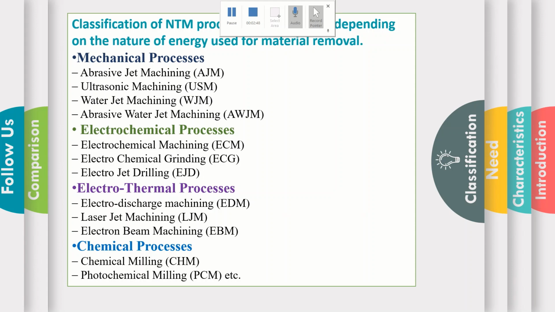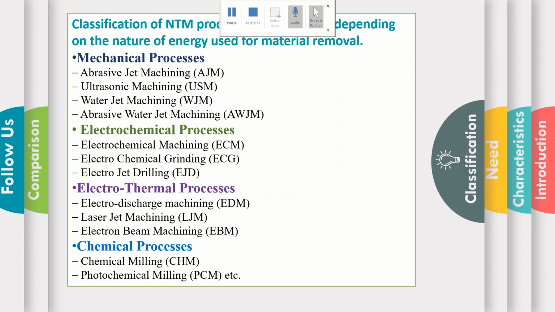Depending upon chemical energy, there are two types of this chemical process. First is chemical machining or milling, and second is photochemical machining, called PCM. This is the overview of classification of non-traditional machining processes.